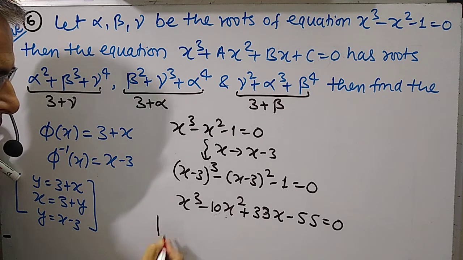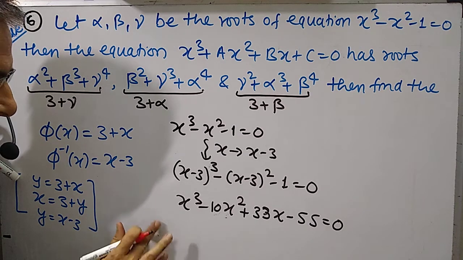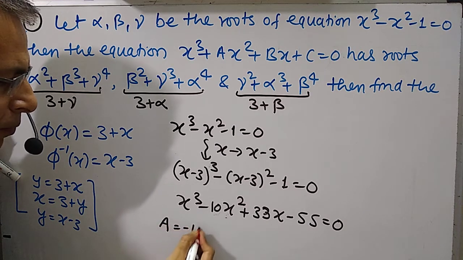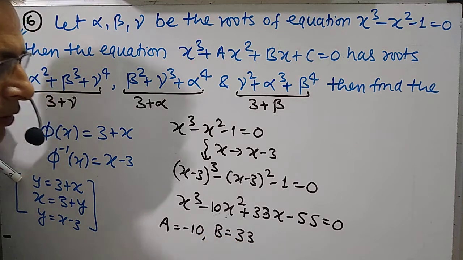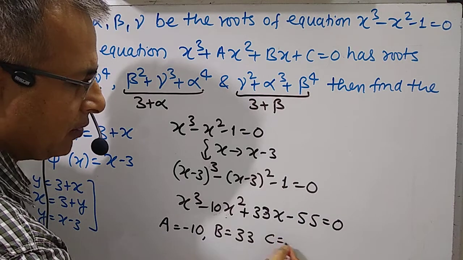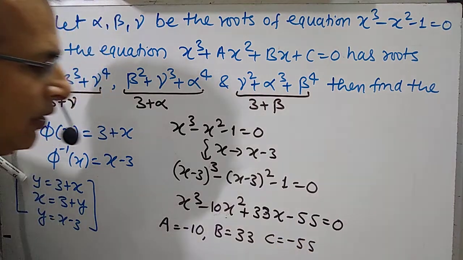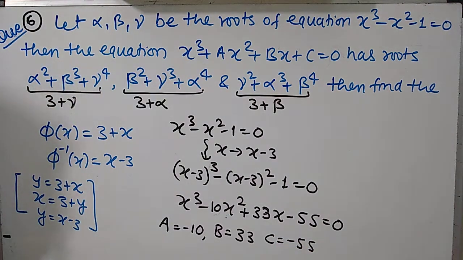So we get a equal to minus 10, b equal to 33 and c equal to minus 55.